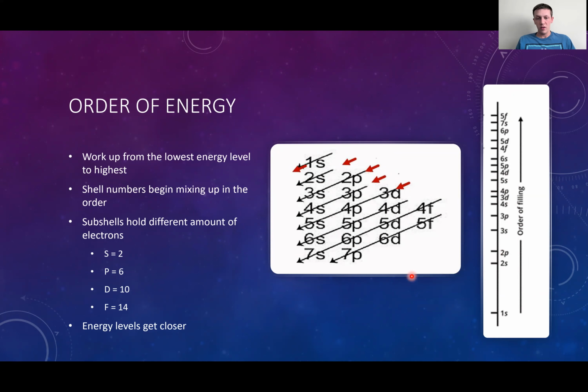These different subshells hold different amounts of electrons. The s orbitals can hold a maximum of 2, while the p orbitals can hold up to 6, the d orbitals can hold up to 10, and the f orbitals can hold up to 14. These start to overlap once you get going higher and higher in the energy levels, because the energy levels get closer and closer to each other.